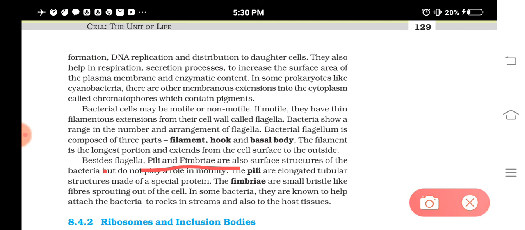You would have seen a bristle. These bristle-like fibers help the bacteria to attach to rocks and other substrates. Is it clear?